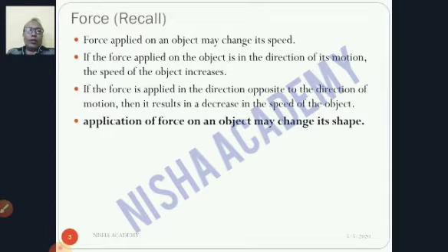The speed of the object will increase if the force is applied in the direction of motion, and the speed will decrease if the force is applied in the opposite direction of the motion. So, application of force may change its speed and direction. Secondly, the application of force on an object may change its shape, and we had studied this in the previous video.